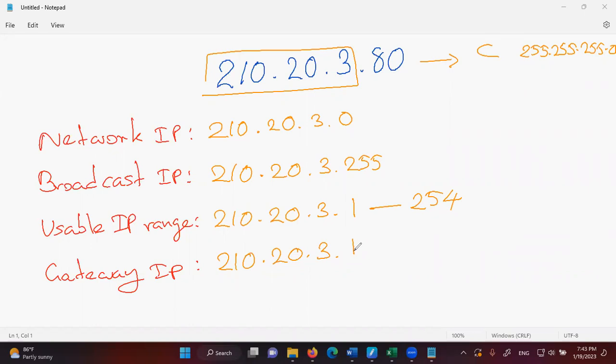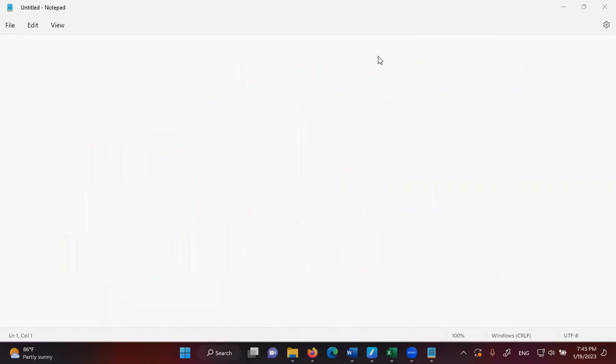All right, another example, right? If I write, so children, this is an IP address.